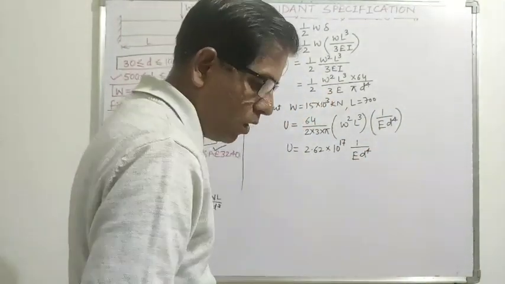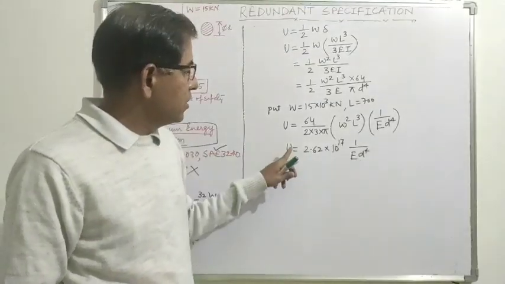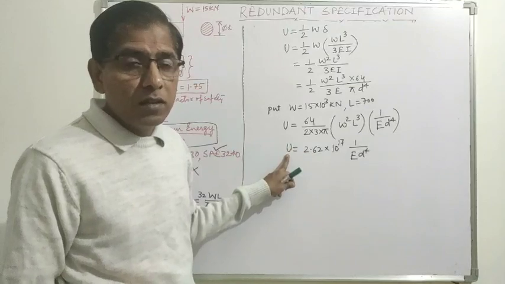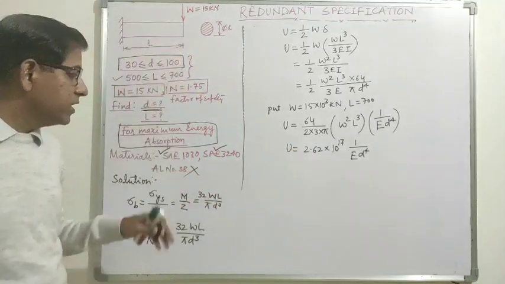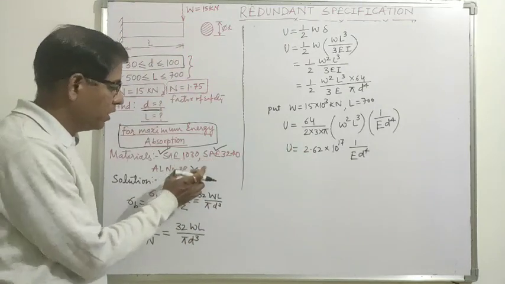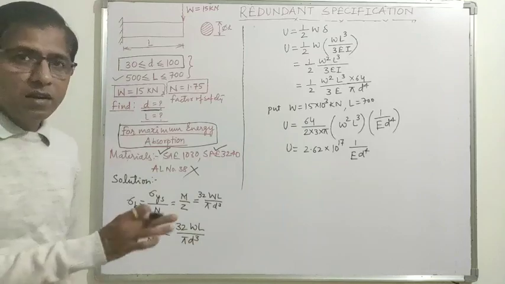Now, which material will give us the maximum energy absorption, that we need to plot. There is a competition between these two materials only, because aluminium has already been rejected at the earlier stage.